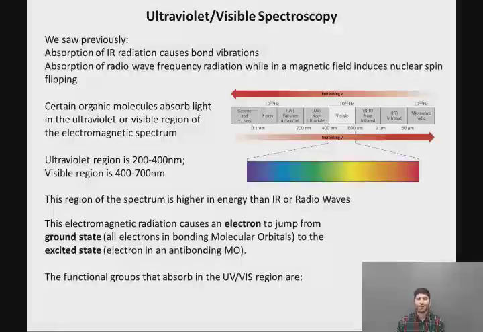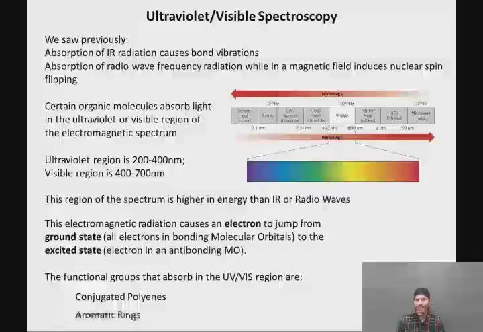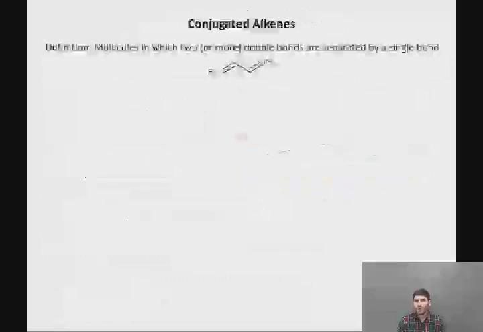Functional groups that will absorb light in the UV-visible region of the spectrum are conjugated polyenes and aromatic rings. You probably know what an aromatic ring is by now, but you may not know what a conjugated polyene is. The poly just means many, and ene means double bond. Conjugated alkenes, which is a term that I like to use, are molecules in which two or more double bonds are separated by a single bond.